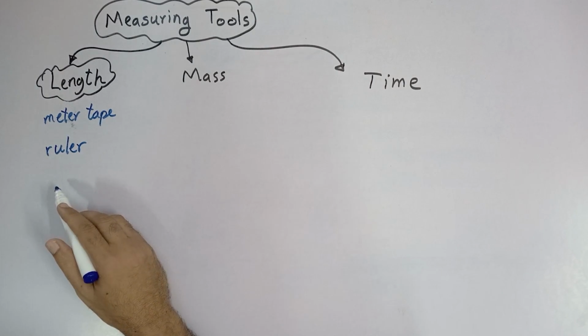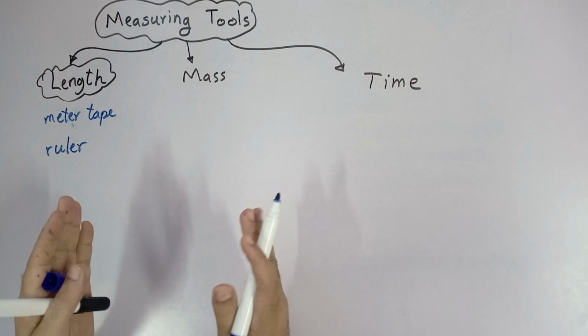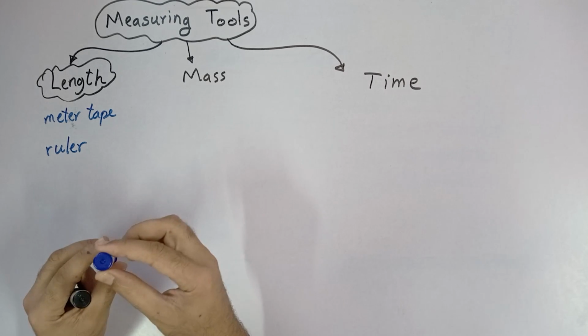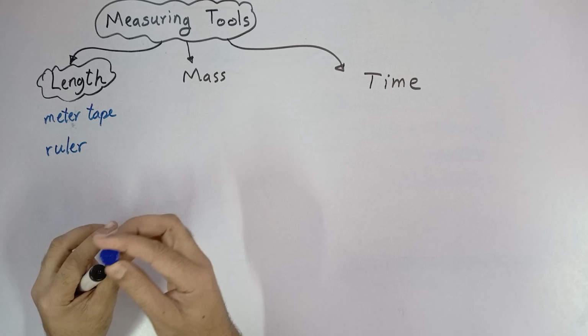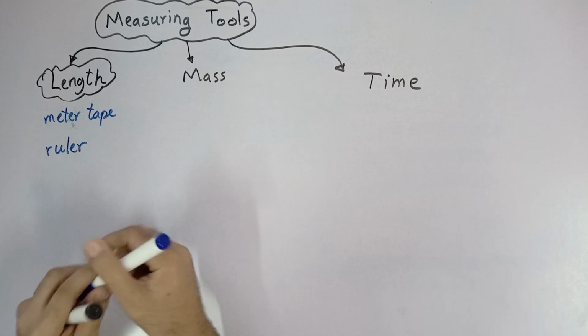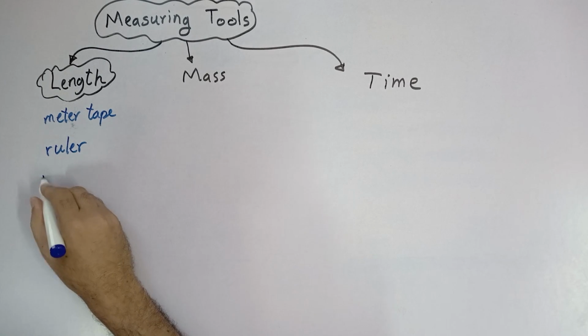If you want to measure a very short distance, like the radius or diameter of a sphere, you can use a vernier caliper.